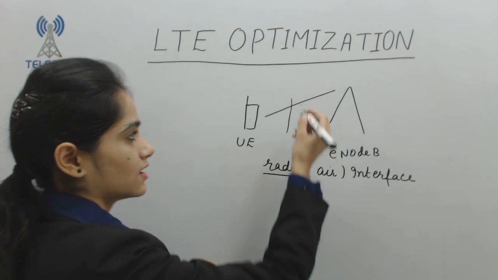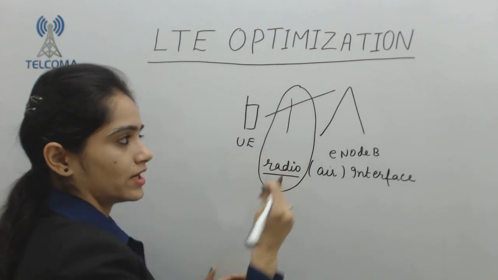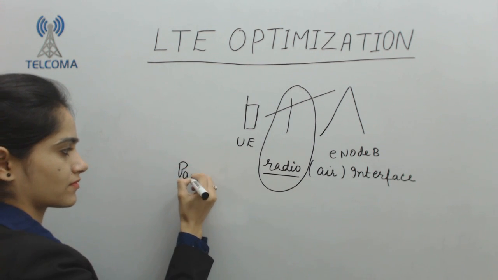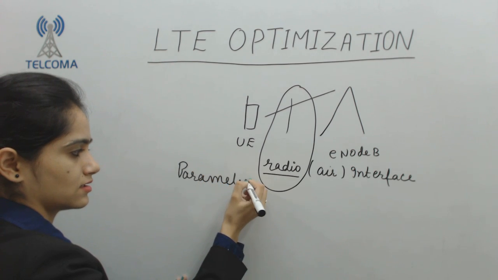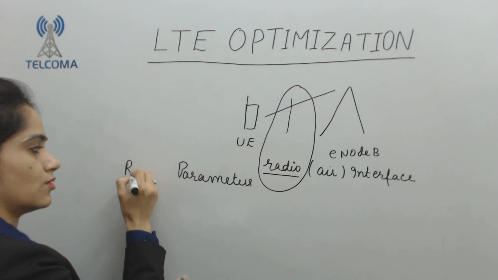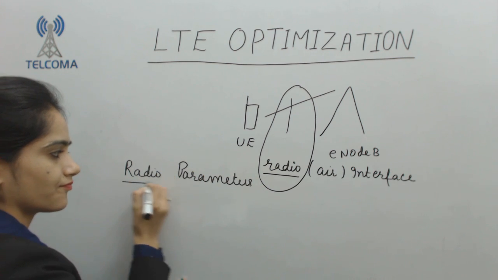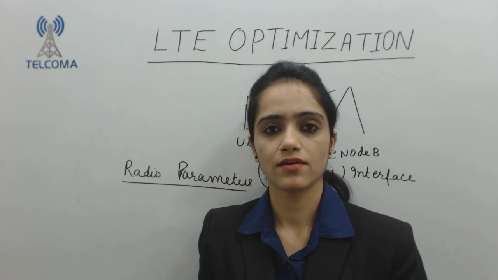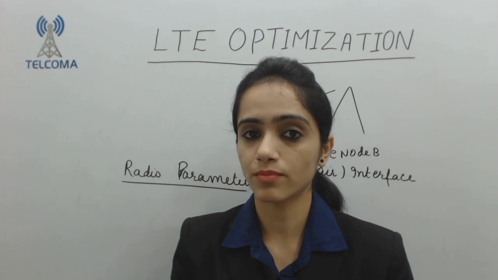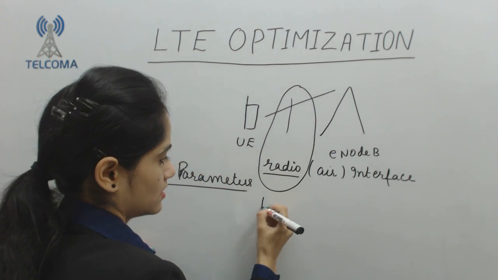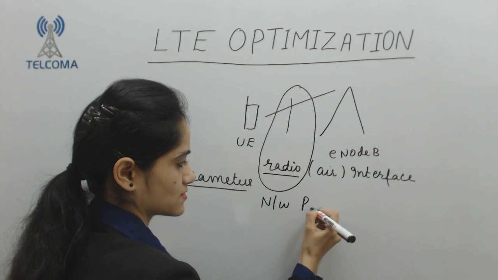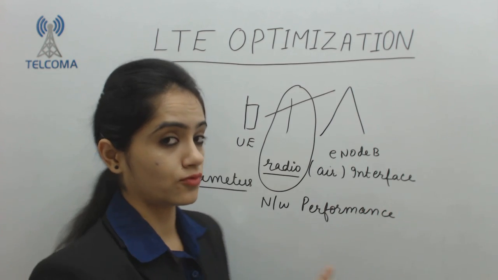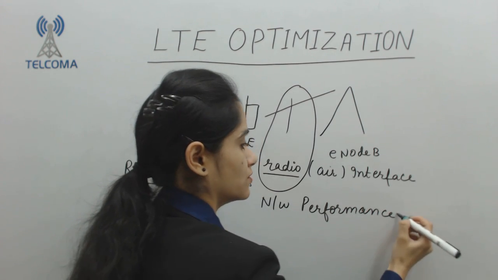So the radio interface or air interface has many parameters, which are known as radio parameters, or radio link quality, which results in network performance. Now, we require that my network performance should be good.